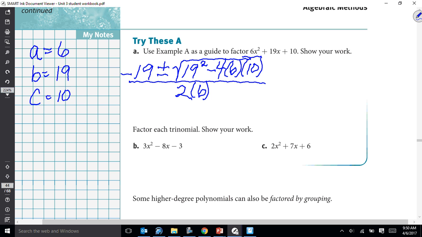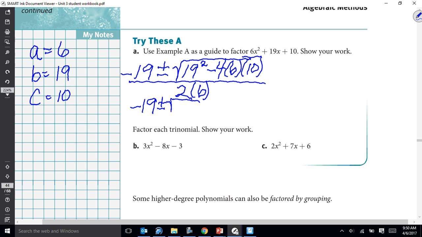Alright, so let's find our discriminant. I don't have a calculator up here, so I'm going to rely on you guys for help. So inside we have 19 squared minus 4 times 6 times 10. What's 19 squared? So this is 241. Hold on, okay.